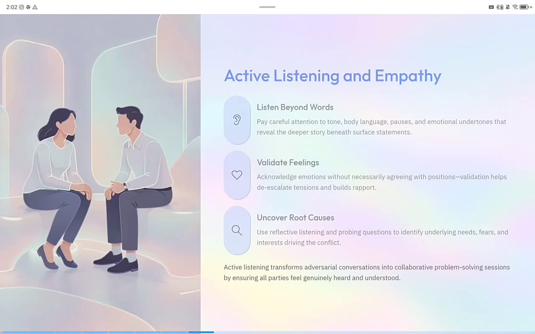Active listening transforms adversarial conversations into collaborative problem solving sessions. A lot of times I have seen that when there are a lot of adverse conversations happening and things are very negative, it converts into very collaborative problem solving when you know that the other person involved is interested in solving it too and not interested in blaming.